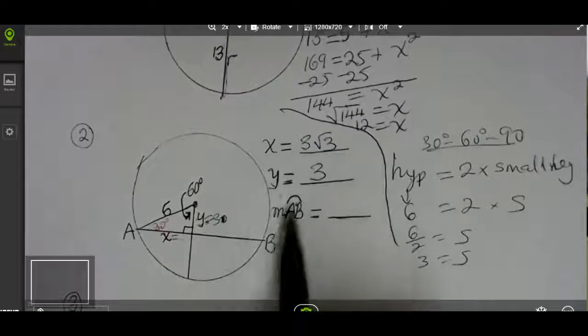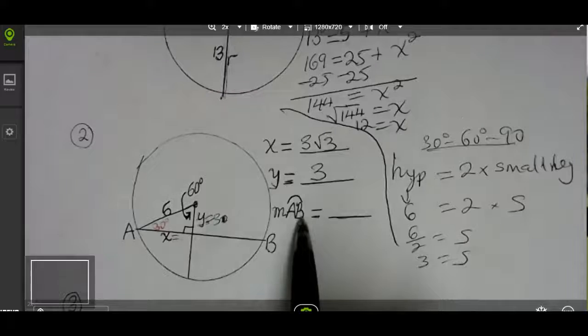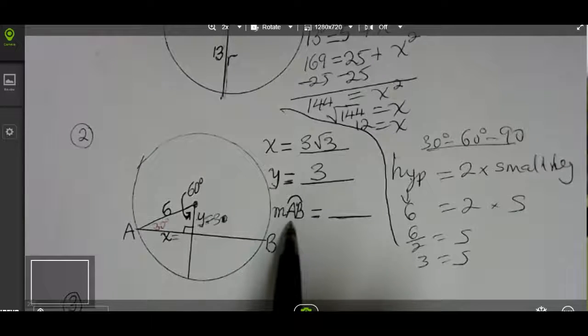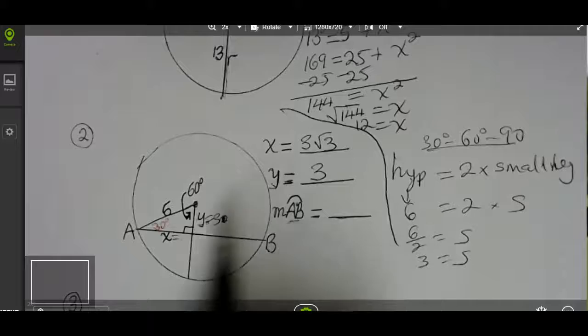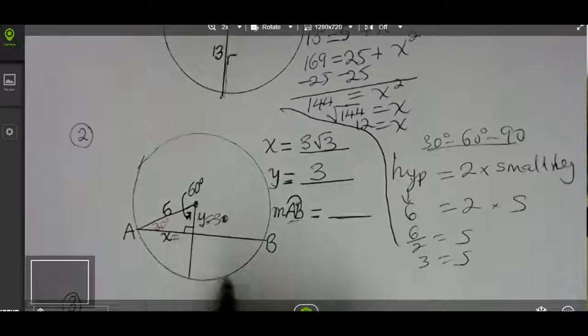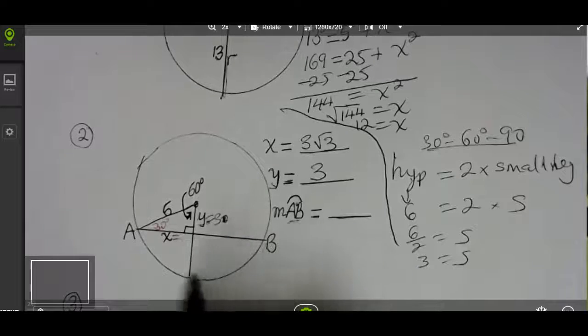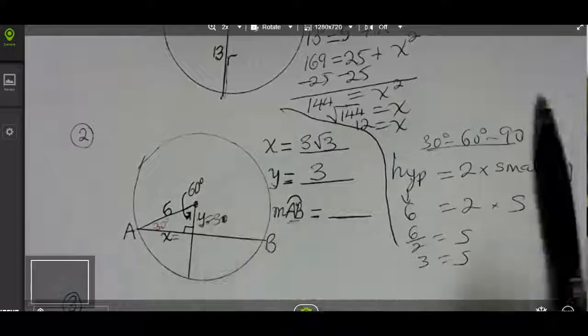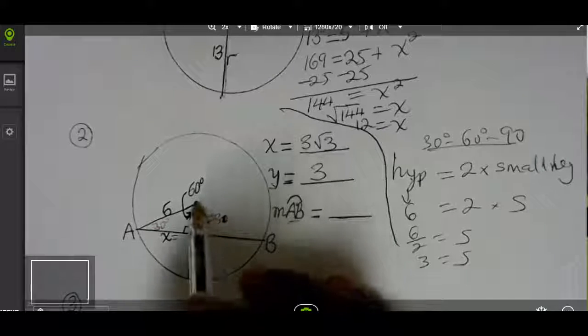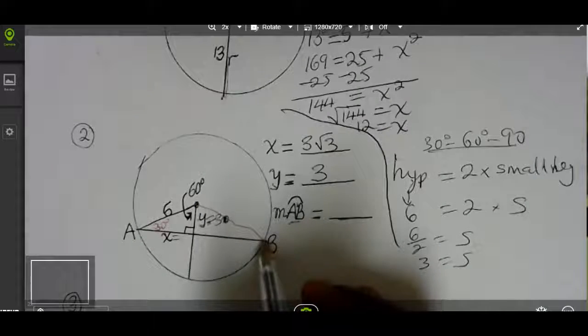And then the measure of arc AB. Arc AB is a minor arc because it is named with 2 letters only. So the measure of arc AB is going to be the same as the measure of the central angle. Let's check if we draw a central angle that connects to here.